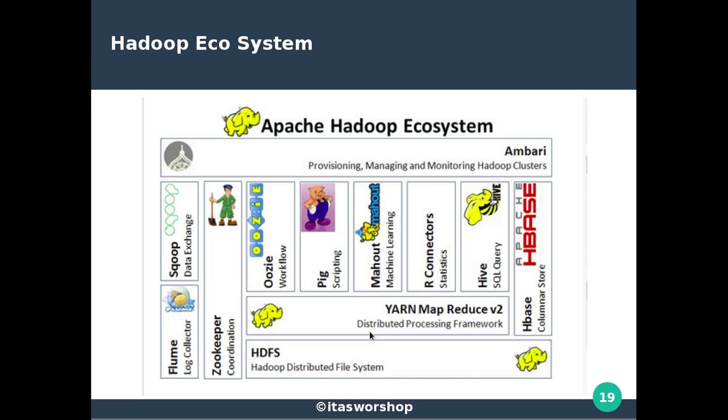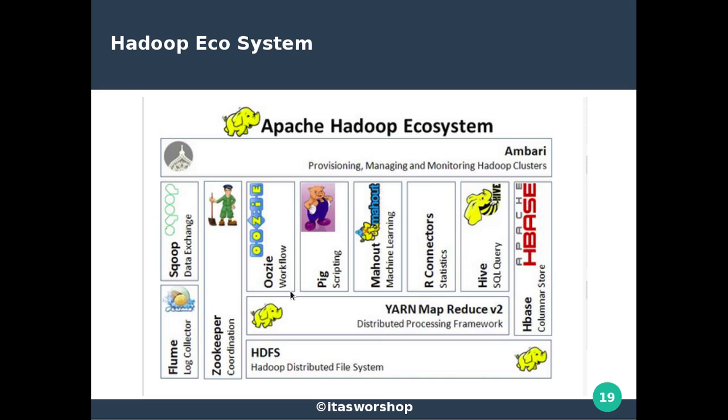Yarn is handling that situation. HBase is one of the NoSQL databases, and it is a column oriented database. Hive is your SQL query kind of tool. You can write interactive queries which get converted into MapReduce applications, run on HDFS, and then give back the result.